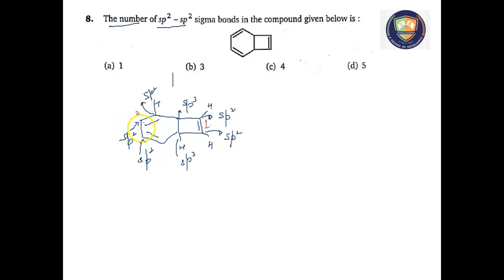And number 4 will be, this carbon will also be sp2 hybridized, so number 4 will be this. So in total we have 4 sp2 sigma bonds present in this given compound. So our answer will be C, that is 4. Is it clear?